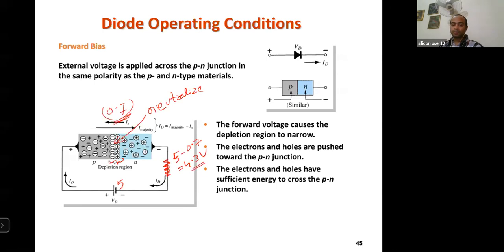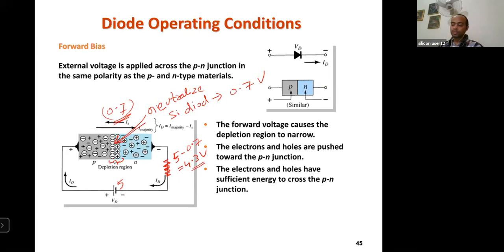Anyway, regarding all these problems, we will see later. My point here is to explain that the silicon diode will take 0.7 volt for neutralizing its depletion region. That voltage is called the forward bias voltage.